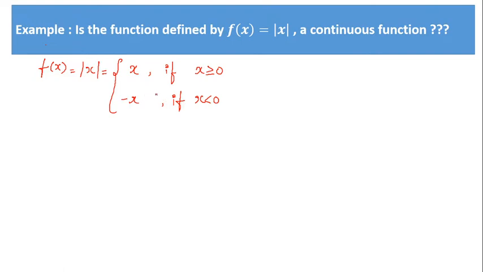Now here, if you see at 0, if it is greater than 0, it is always x. If it is less than 0, it is minus x, and near 0 you have two values. So basically you have to divide this function into three cases.